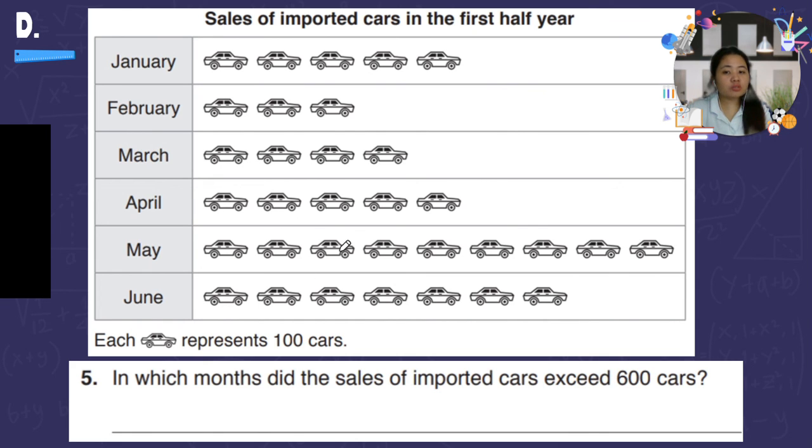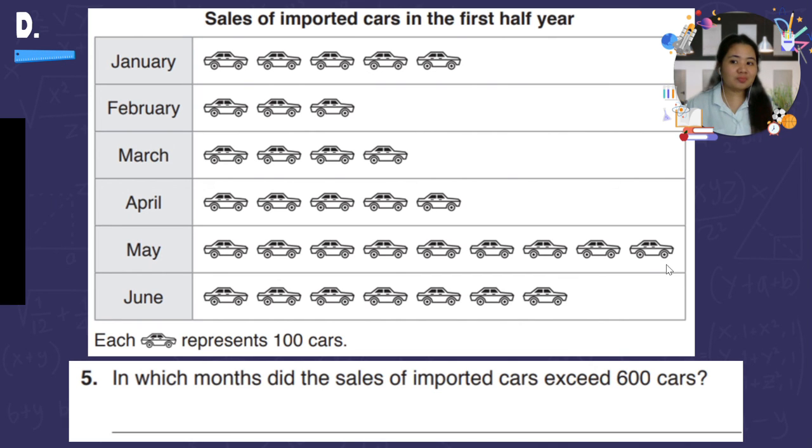Seven times 100, that means it is 700. So it is more than 600. So June is correct. So in which months did the sales of imported cars exceed 600 cars? What is the answer? That is May and June.